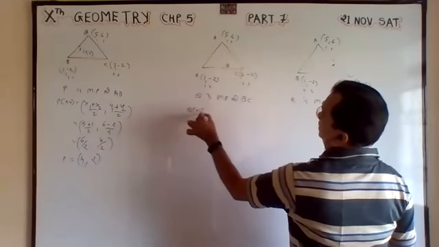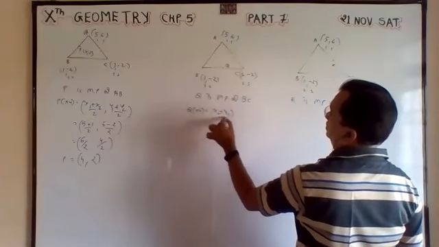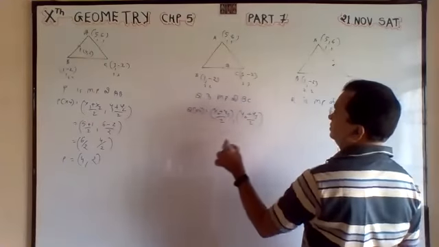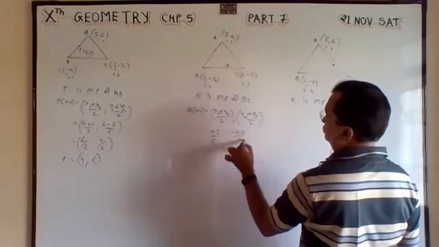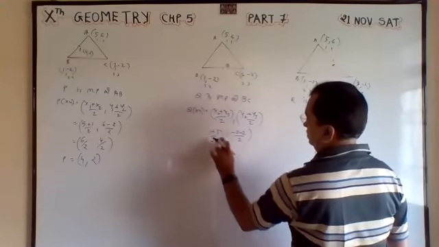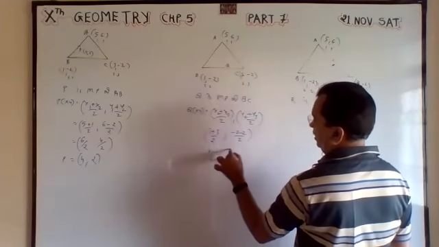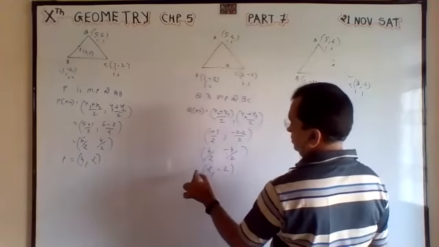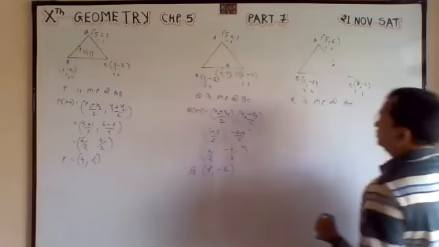So Q(x, y) is equal to x2, x3, y3: 1 plus 3 by 2, minus 2 by 2, 4 by 2, minus 4 by 2, 2, minus 2.